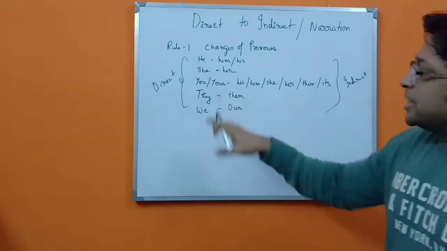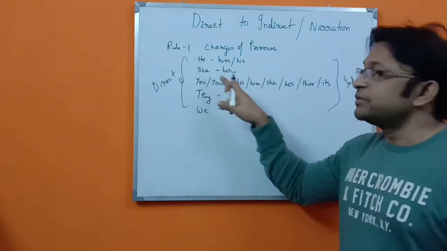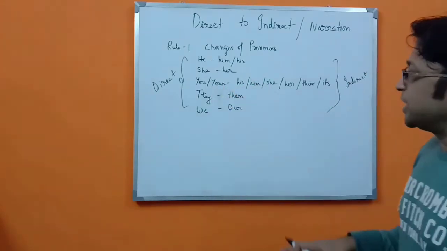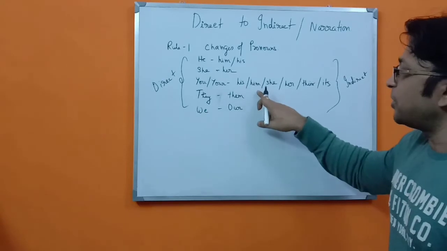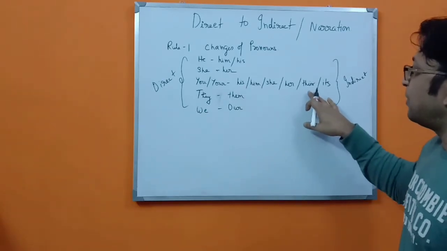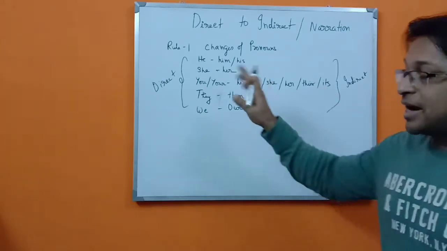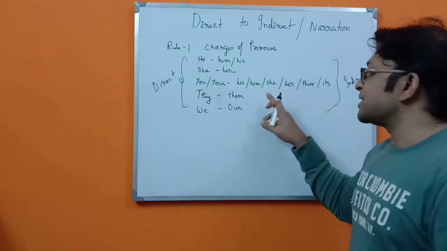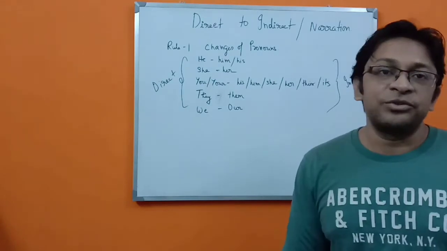So he will change into him or his, she will transform into her, you or your. These things will change either into his or him or she or her or their or its. Now you will ask me, how can I understand which one I have to use?